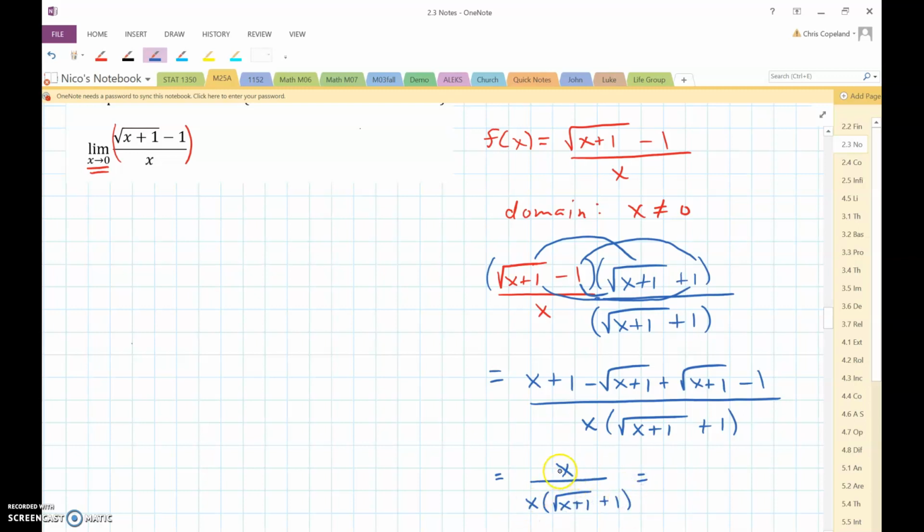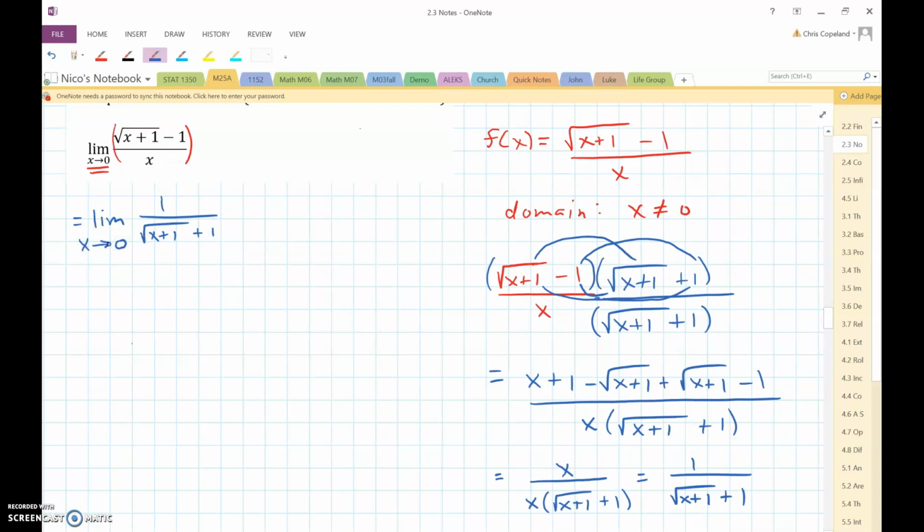And then I think you can see here the numerator and the denominator, the x's reduce, so this would be 1 over the square root of x plus 1 plus 1. So now this limit is equal to the limit of 1 over the square root of x plus 1 plus 1 as x approaches 0.